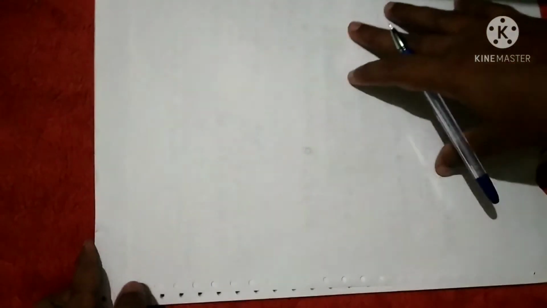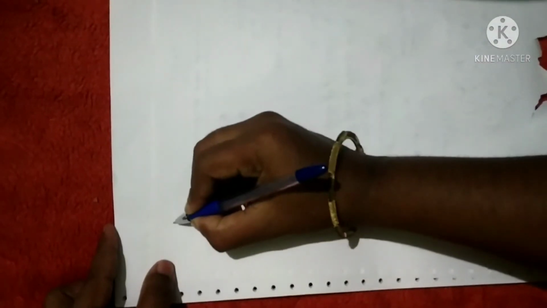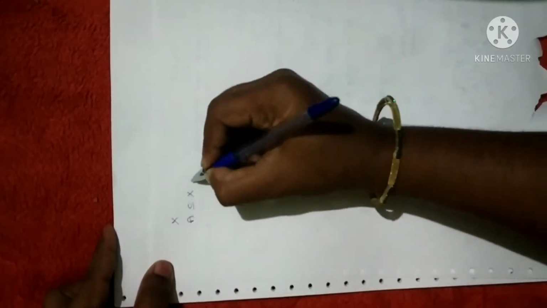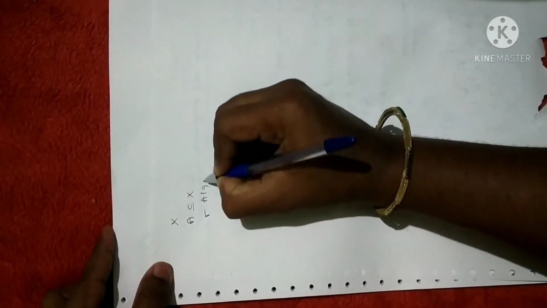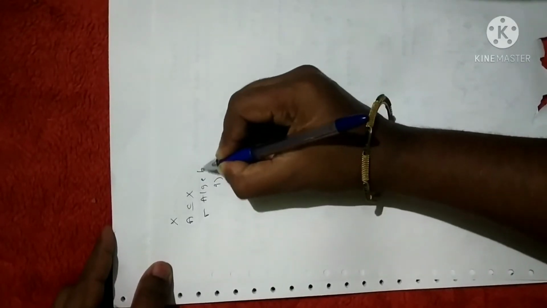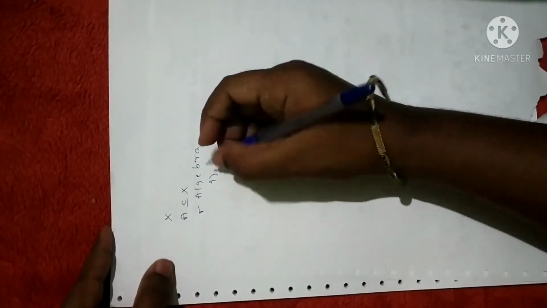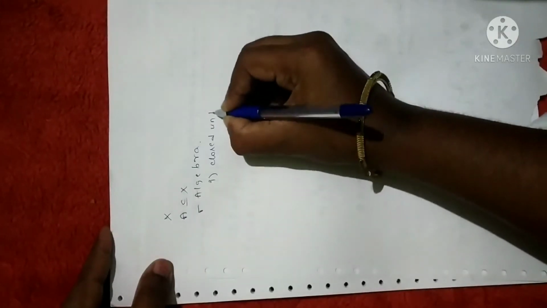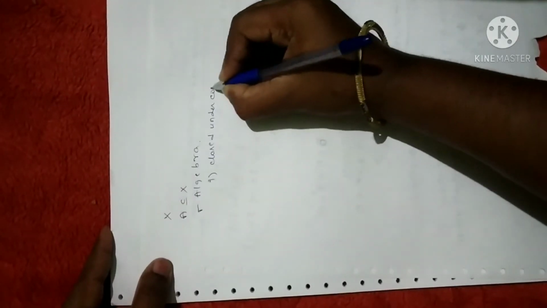Now, let me tell you key points which you need to remember for further theorem proofs. Remember, when X is a set, a subset A of X is said to be a sigma algebra when it is closed under complementation.